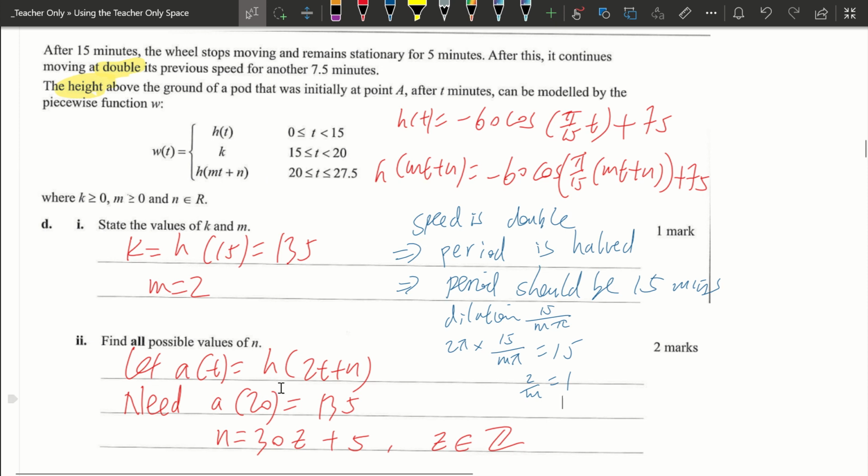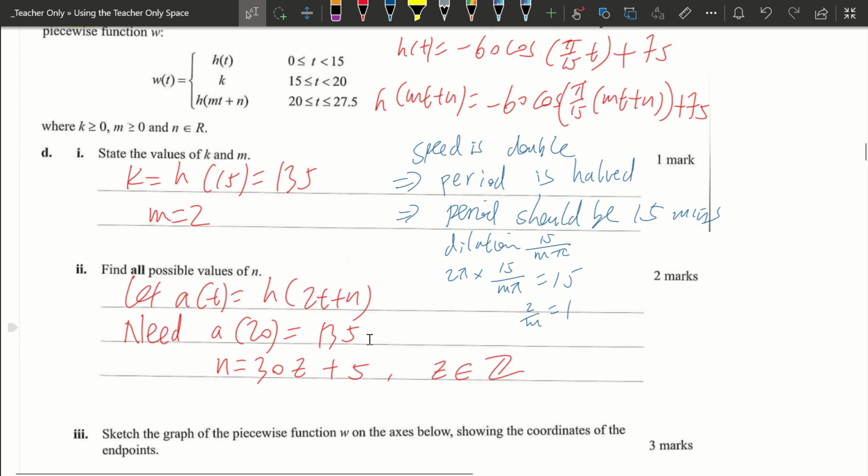So, which means when t is 20, my a function, which is really the third function, has to be 135 because that's what the second function is. The second function is 135. So the third function has to be 135 when t is 20. And I sub this into my calculator, and I get this answer here. It says all possible values, and of course it's a trigonometry function, so there are many possible answers. That is an integer.